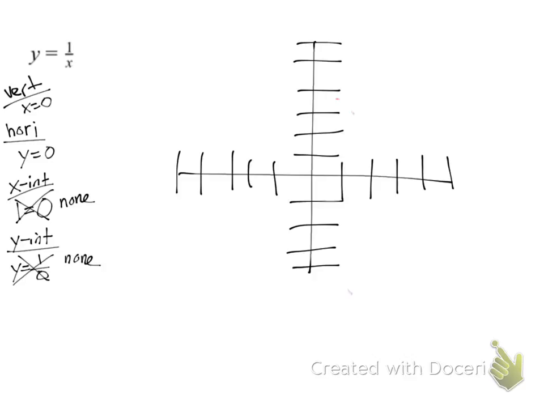I'm going to draw my vertical and horizontal asymptotes in. I think most of us would say x equals 0 should be right there, right? At x equals 0. y equals 0 is the x-axis. I can't cross those, technically. Right? Don't have to plot any points because I don't have any yet.